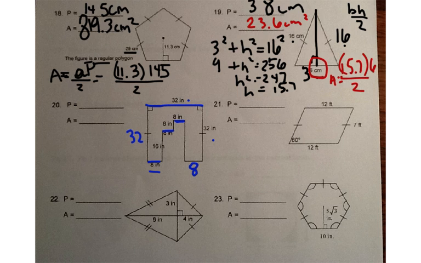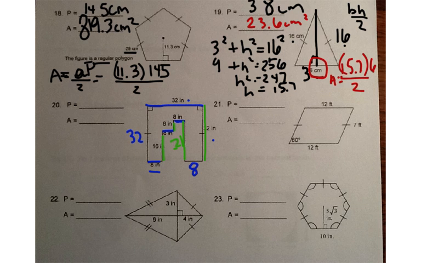Now, coming up along this side, I have to figure out how long that one is also. So I notice that this whole side here is 32. And if I take the 32 minus the 16 here and the 8 here, that leaves me with 21 on this edge.